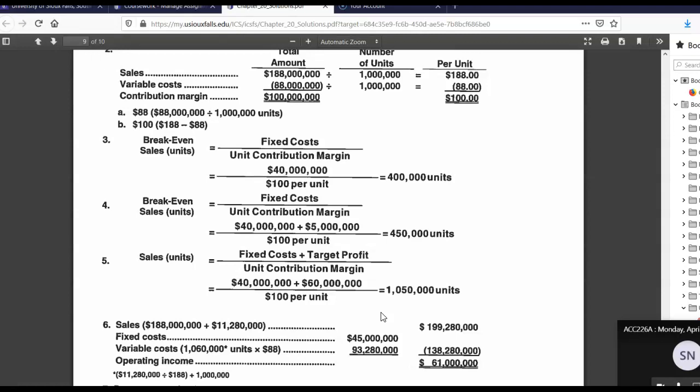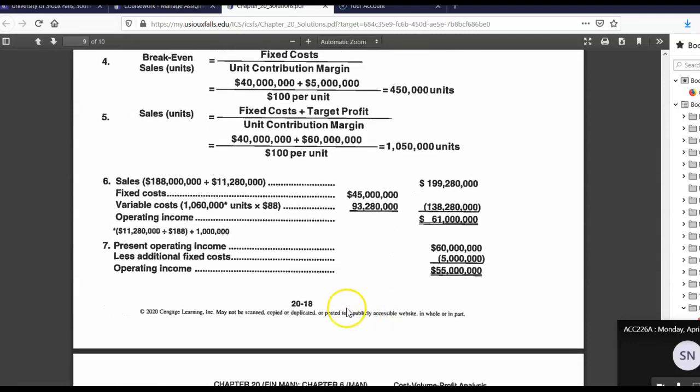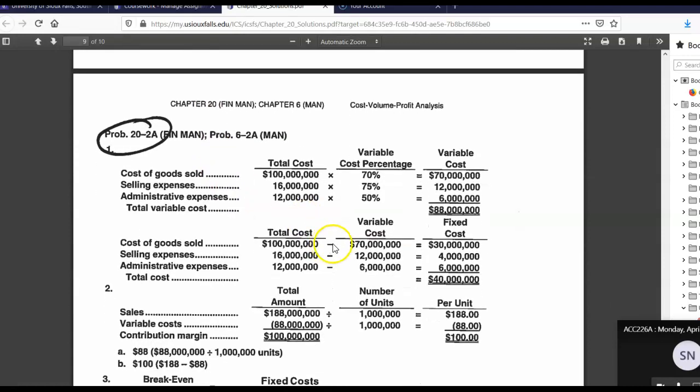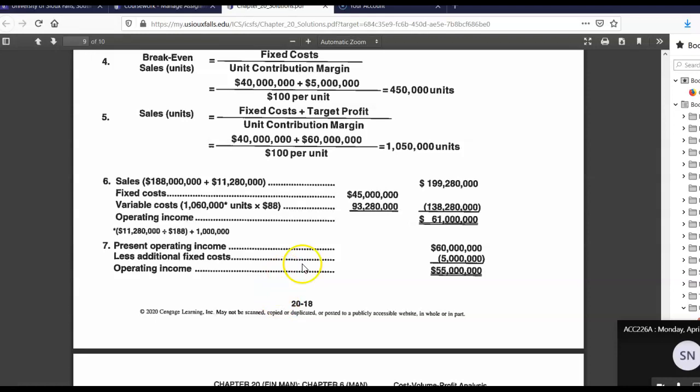Okay. Number 6, it just says here, determine the maximum operating income possible with the expanded plant. Okay, well, all right. So what we're trying to do here is get to operating income again, all right? So we take our sales, which was the original 188 million, right up here. Total sales, 188 million, or if you look in your book, 188. This 11,280,000 is below that in that paragraph.